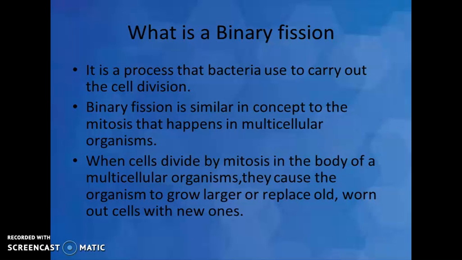Binary fission is similar in concept to mitosis, which usually takes place in multicellular organisms. What happens when a cell divides by mitosis? When a cell divides by mitosis in the body of a multicellular organism, it may result in the organism growing larger, and it is also capable of replacing old and burnt out cells with new ones.